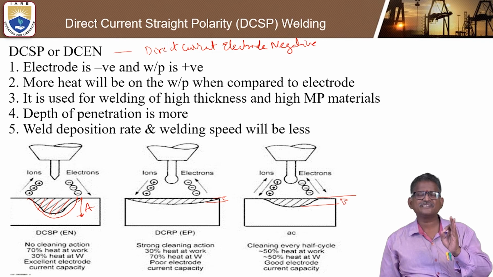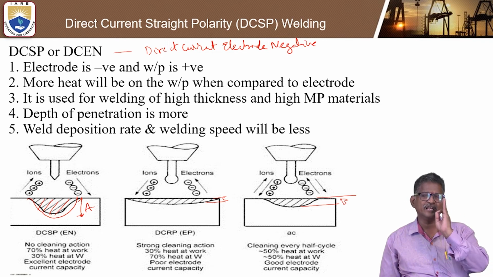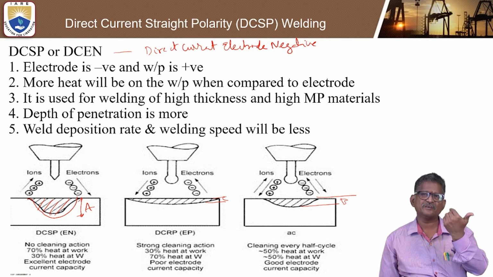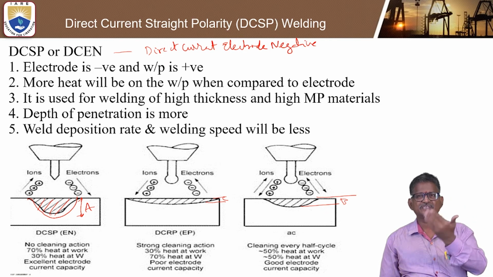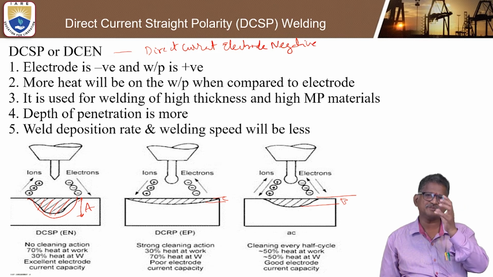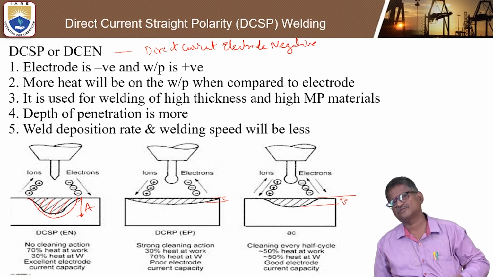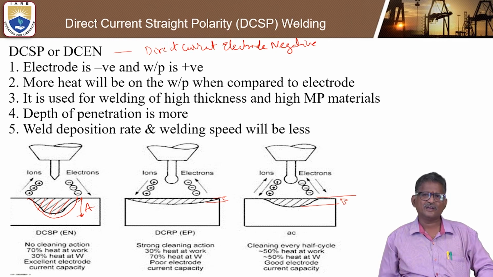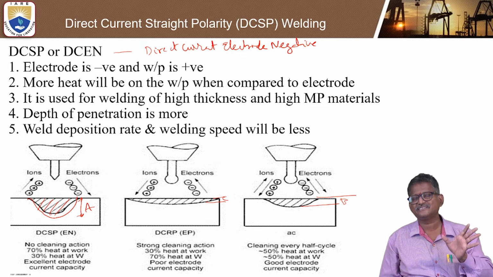Reverse polarity, in simple terms, means electrode is positive, workpiece is negative. So whenever the workpiece is negative, there is less heat, and electrode is positive, more heat is generated at the electrode. That is why low penetration occurs. And weld deposition rate and speed are also very low in the DCSP.